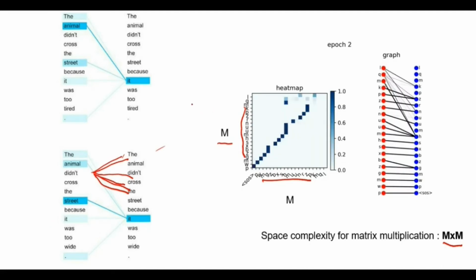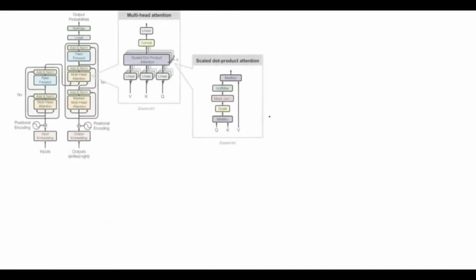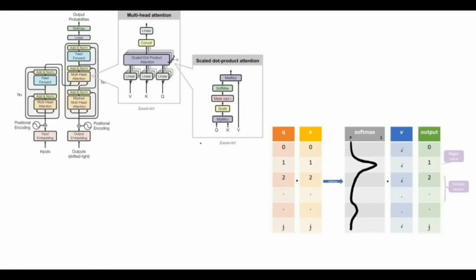Now let's see this logic of attention in detail. Inside the self-attention, we feed the input data into three layers, which are the query, key, and value pairs.